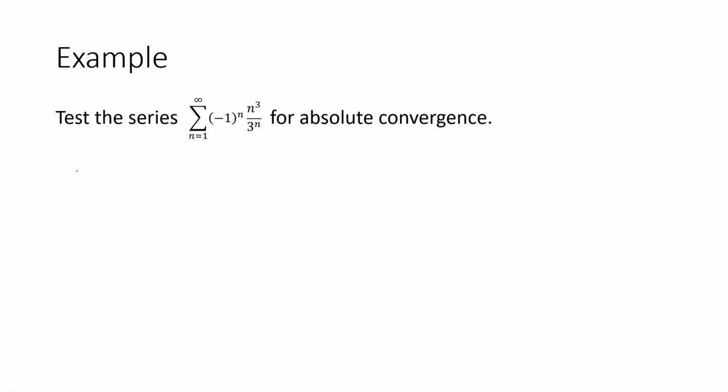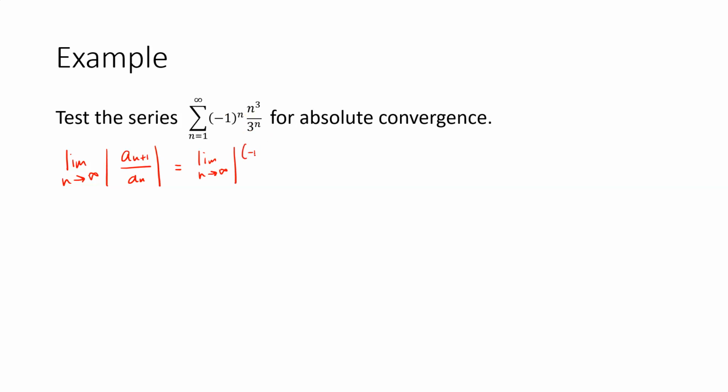Okay, so let's work it out. So we want to work out this limit and see what we get. And in this case, remember that a_{n+1} will be putting n plus 1 into the term here.